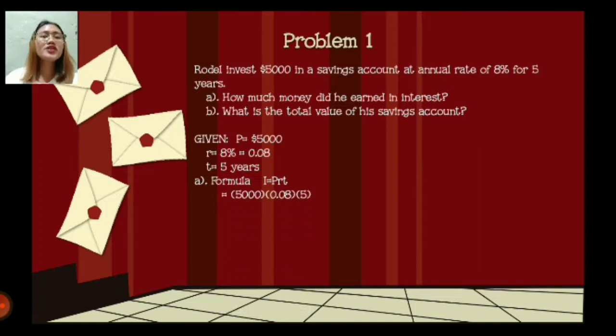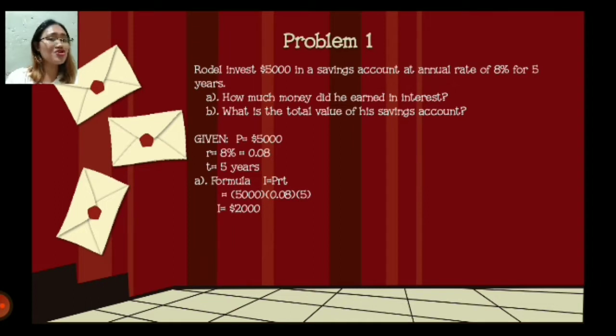So put the values on the formula. Substitute the values. We have 5,000 times 0.08 times 5. And then we simplify that, and we come up with an interest of 2,000. And that is the answer for question A.